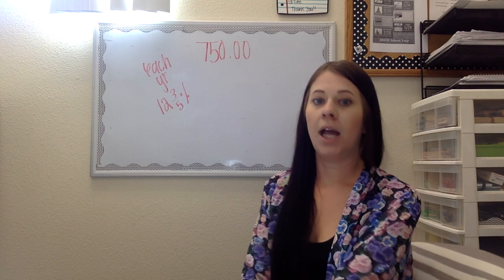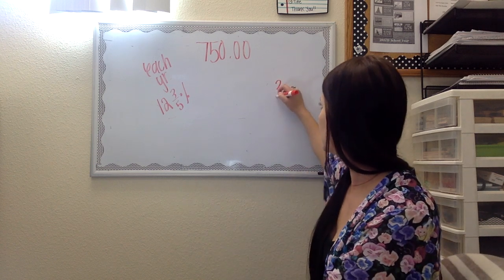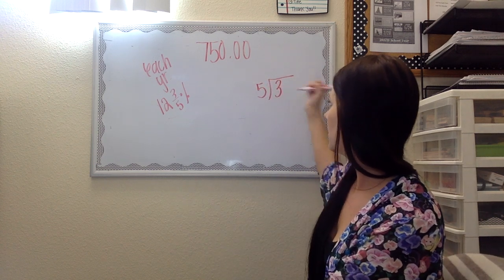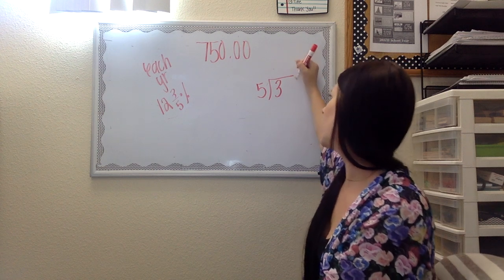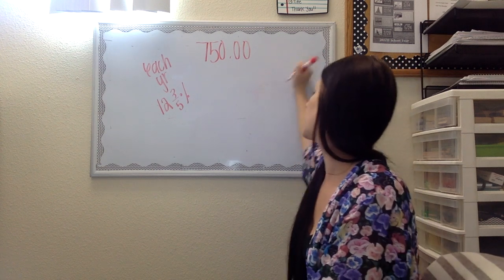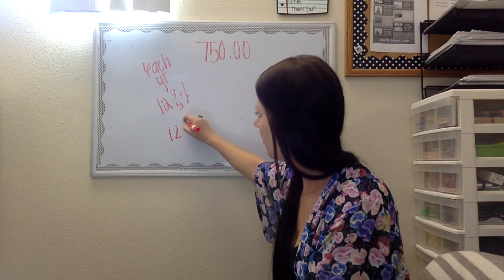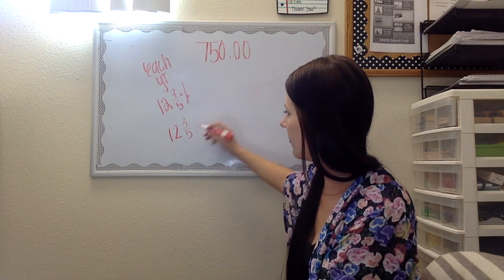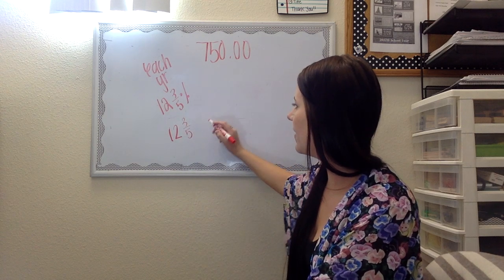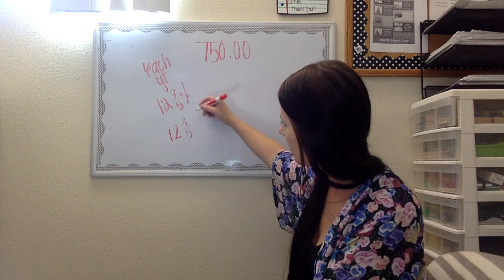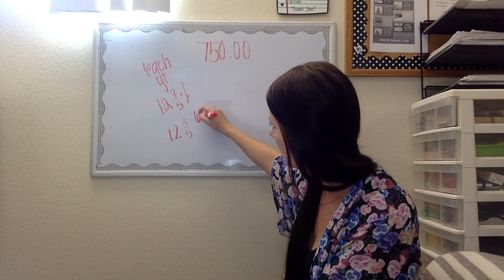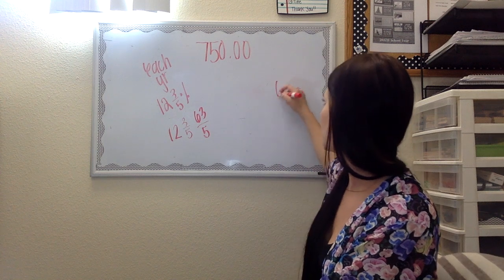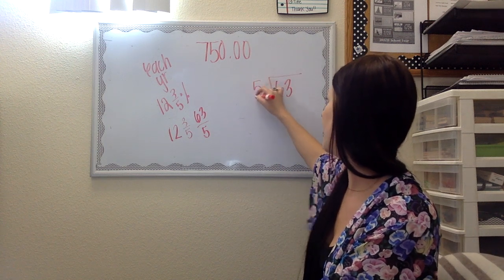So first of all, if I do 3 divided by 5, okay, well, let's do it this way. This will be better. So if I do 12 and 3/5 and I make it an improper fraction, 12 times 5 is 60 plus 3 is 63 over 5. And so I'm going to actually divide 63 divided by 5.